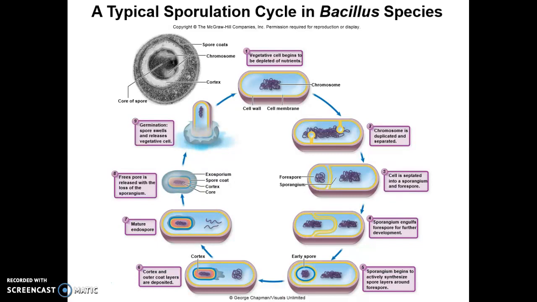So think about those numbers and the relationship between a vegetative cell and an endospore, and the distinction between reproduction and sporulation. And that is it for 3.4.